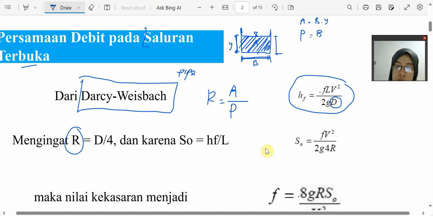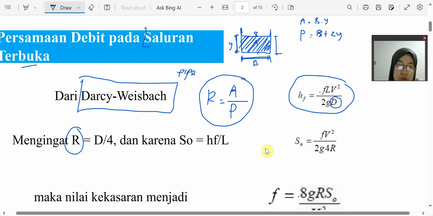That's the perimeter. So if this is B and this is Y, then A is B times Y, and P is B plus 2Y. So this is the hydraulic radius. We do not use diameter for the open channel, we use the hydraulic radius.